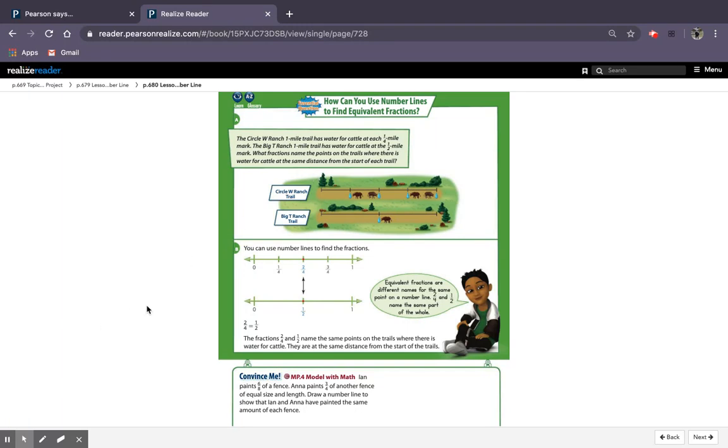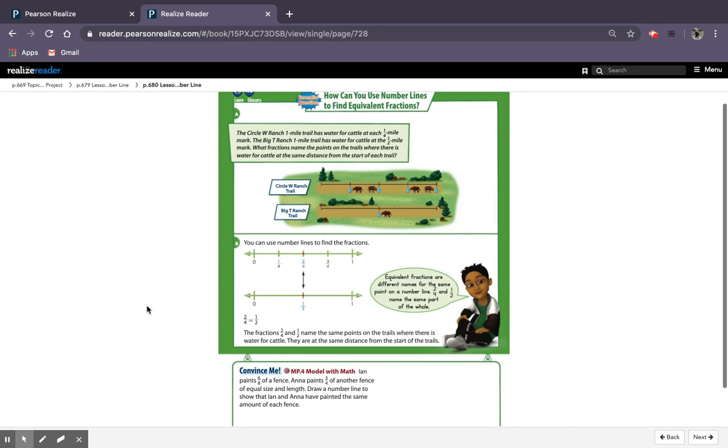Whole bunch of words. Okay, we've talked about this before, especially in the math series that we're using now, it can be great, but there's a whole bunch of words. So what we want to do is try and pay attention to the numbers and which ranch they are associated with, so which ranch they match up with.